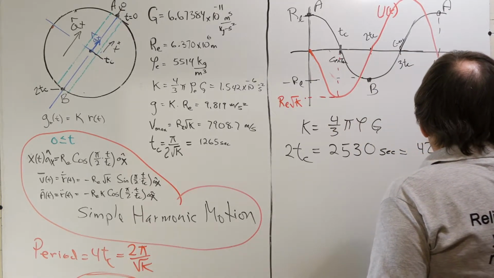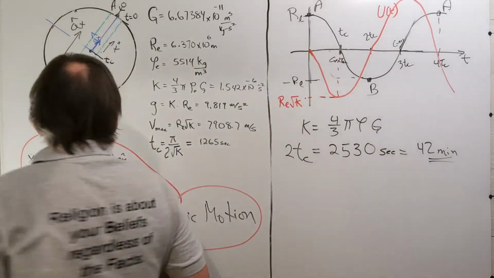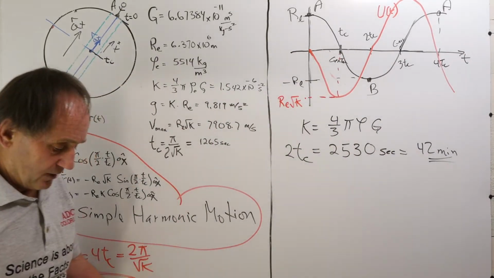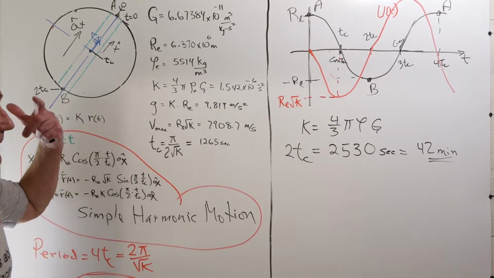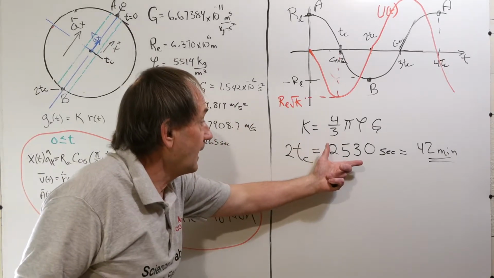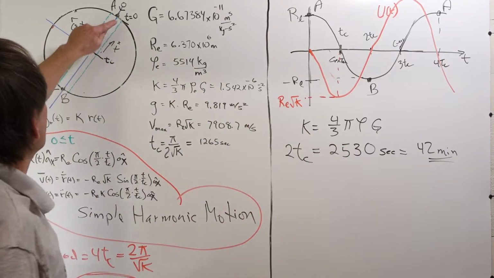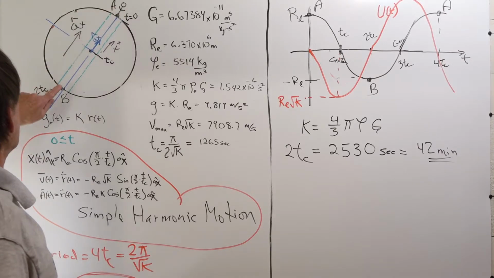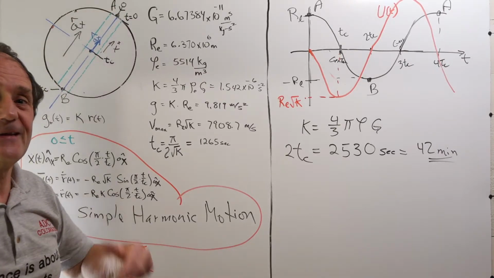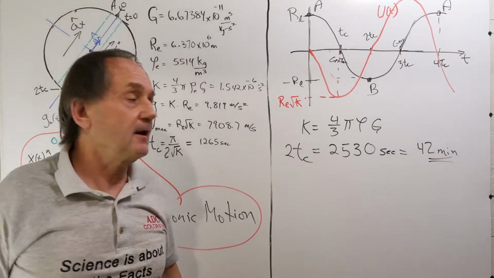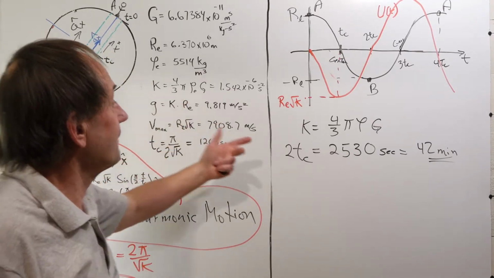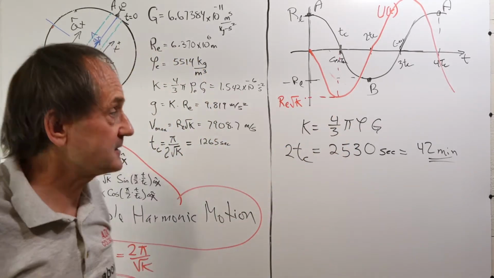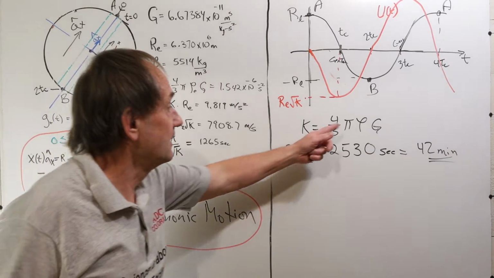I find this utterly miraculous. The time that it takes to fall from one side of a spherical planet to the other is independent of the size of the planet. It's a fundamental property of the material that makes up that planet, the density.